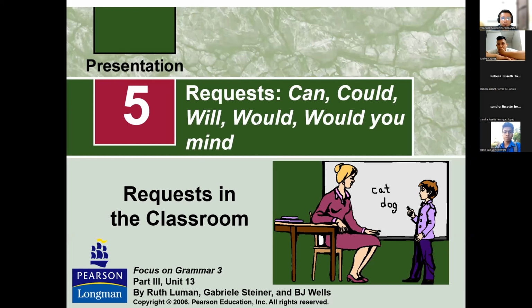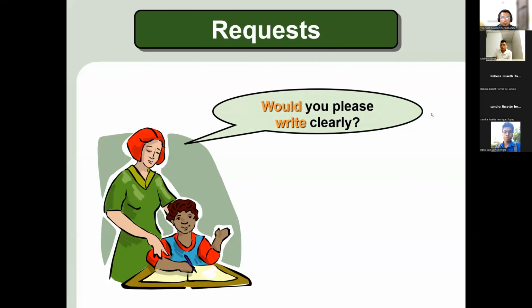Okay. So we have different requests with different modals. In this case, I will explain which ones are formal, which ones are more informal or neutral, right? We have can, could, will, would, and the variation, would you mind? So, Melvin, could you read the question?